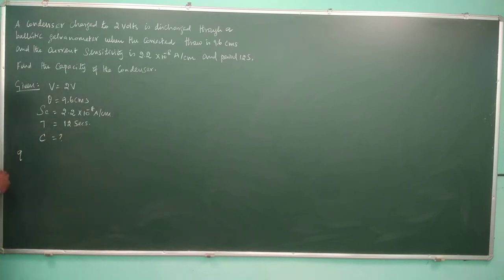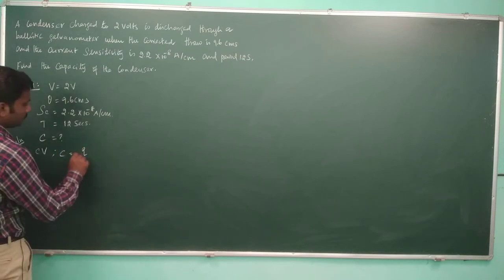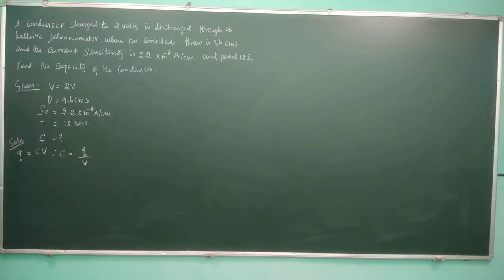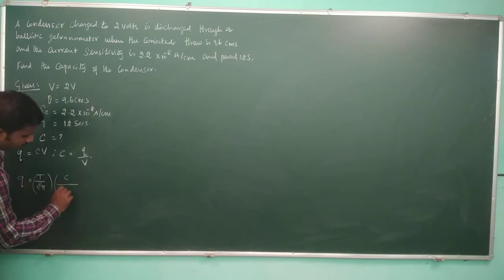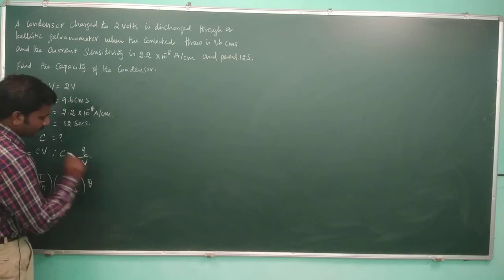And we know the formula. So the solution is: we know the formula, that is charge, which is equal to the product of capacitor into V. Capacitance is asked, so C equals Q by V. And what is the formula for Q in a ballistic galvanometer? Q equals T by 2 pi, C by NBA multiplied by theta.